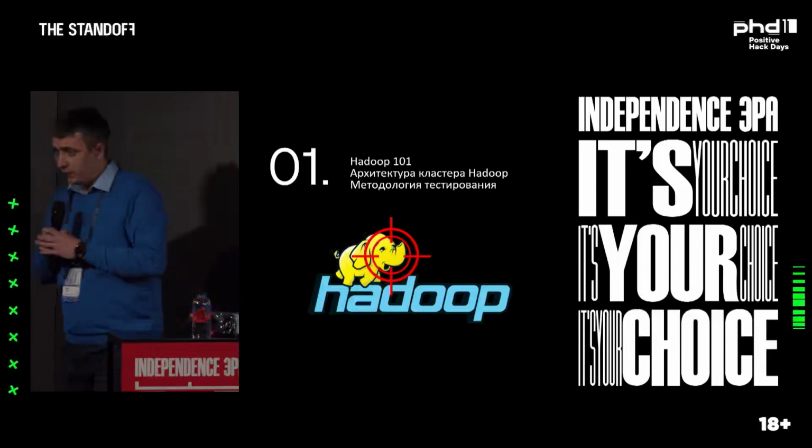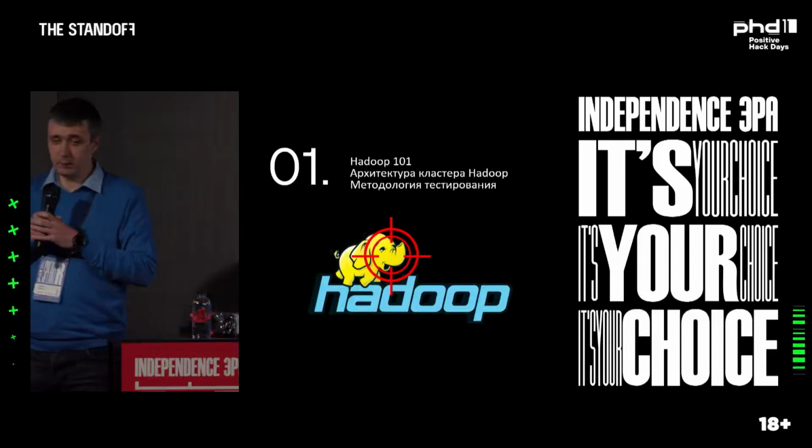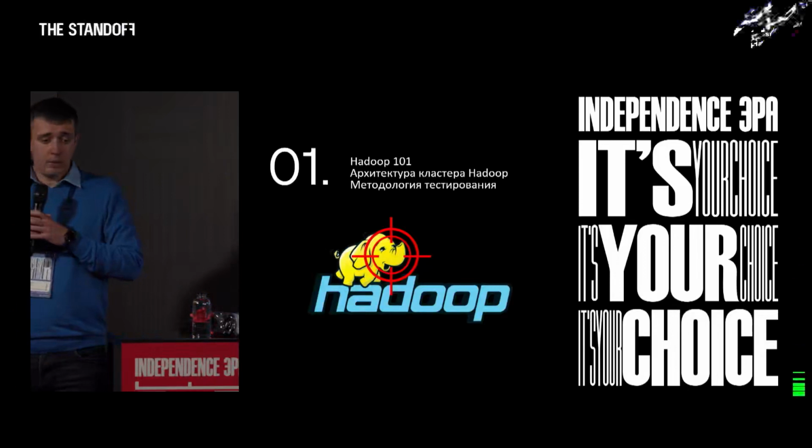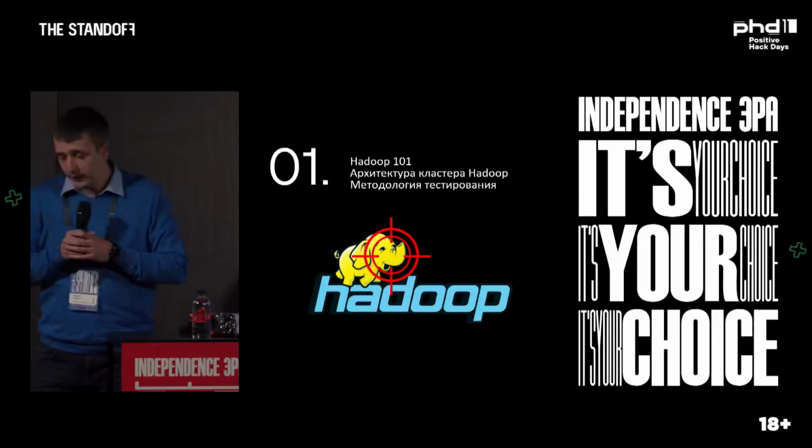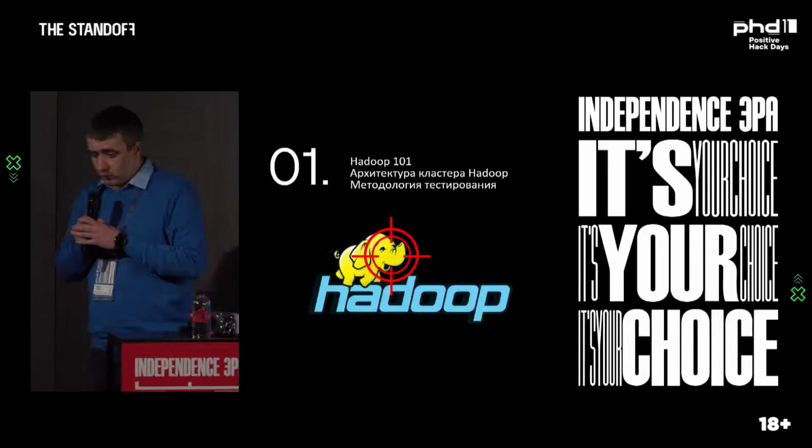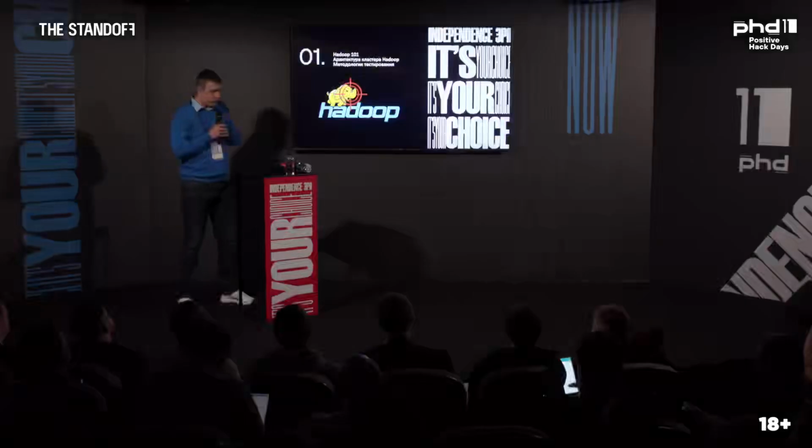So I think obviously we just need to start with big data and what we mean by it. It's a big volume of non-structured data that we use for an upcoming analysis.